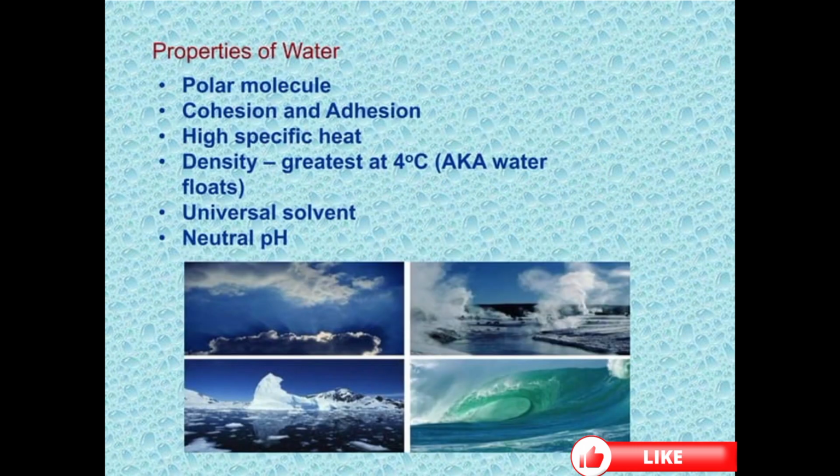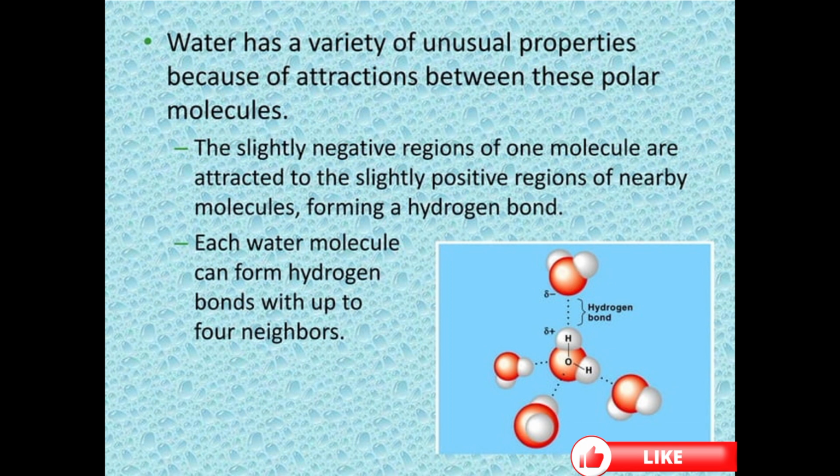These are the various properties of water: polar molecule, cohesion, adhesion, high specific heat, high heat of vaporization, density greatest at 4 degrees centigrade, or we can say anomalous behavior of water, universal solvent, neutral pH, and ionization of water. Water has a variety of unusual properties because of attraction between these polar molecules.